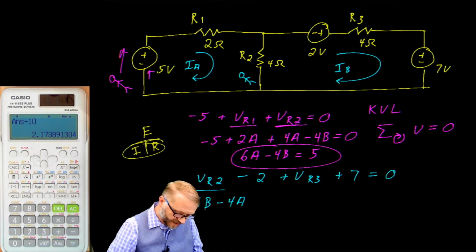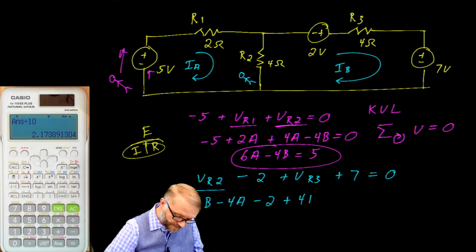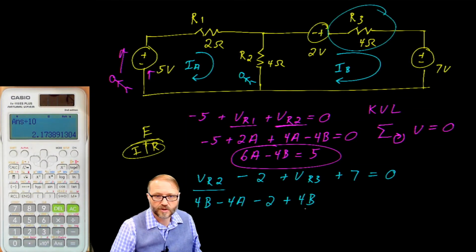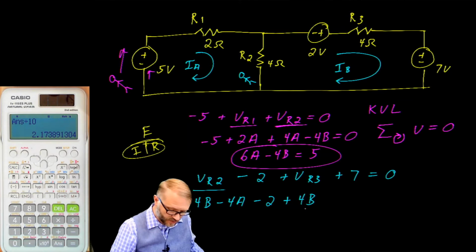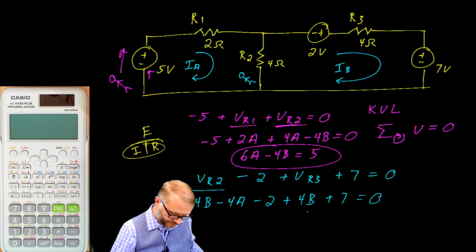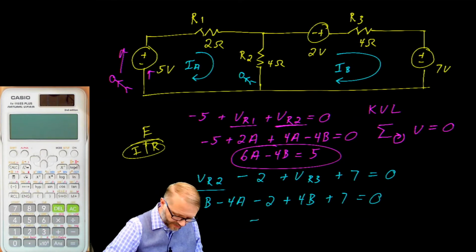So 4B minus 4A minus 2 plus 4B. That's this piece here. There is no current A associated with that, so we can just write 4B plus 7 equals 0. If we simplify, we end up with -4A plus 8B is equal to -7.